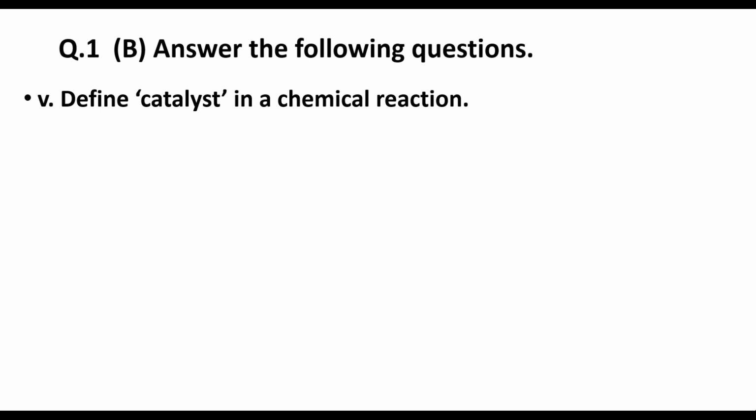Now define catalyst in a chemical reaction. Whenever a question is asked for 1 mark, the student has to write some extra information regarding that particular question if you have it. Many times what happens is we write only the answer of that particular question, and you should create an impression on the examiner, because our exam contains the testing of writing skill.